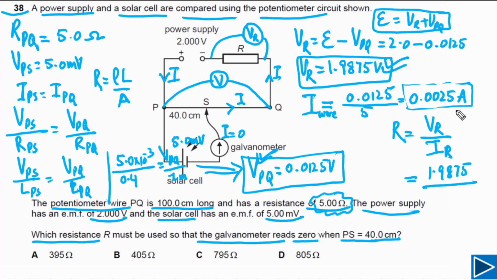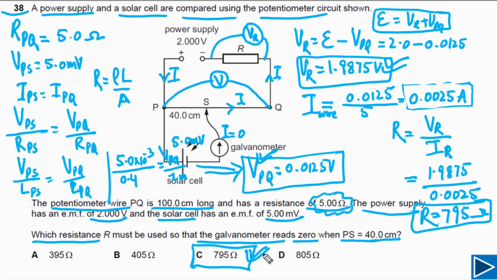We need to divide by the current, 0.0025. If we solve this, our final answer is 795 ohms, and this is the value of the resistance of the resistor. So the answer for this question is C. Very nice question about potentiometer.